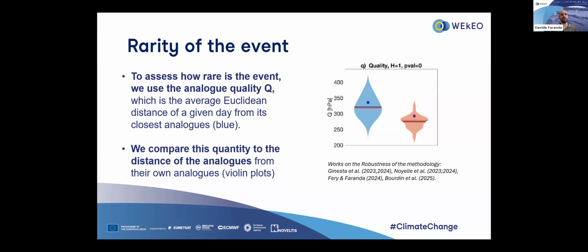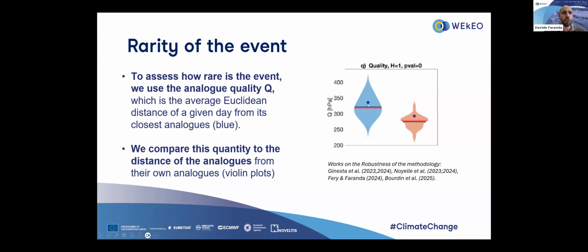We can also detect whether the event is rare compared to the analogs. So here I show you two distributions. The blue distribution, in terms of the violin plot, is the distance from the analogs for the past and the present, compared to the blue dots, that is the distance of the event, so storm Eowyn, compared to these analogs.